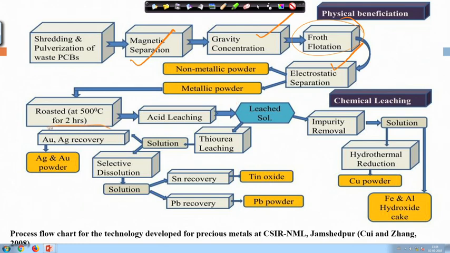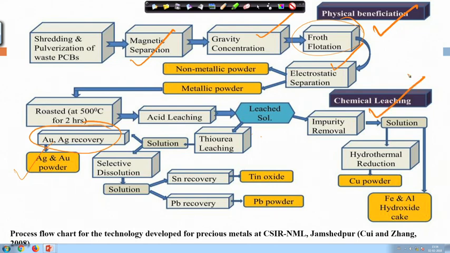Then you try to do gold and silver recovery, generating gold and silver powder. You do the acid leaching, and then with the leach solution you do the thiourea leaching. From the solution you recover gold and silver. You also have the recovery of tin, lead powder, copper powder, iron and aluminum. So this is a combination of physical as well as chemical leaching, so a combination of both is used.